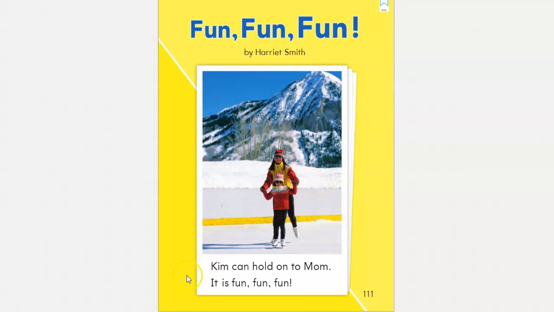Okay, let's get reading. It says, Kim can hold on to Mom. Kim can hold on to Mom. It is fun.